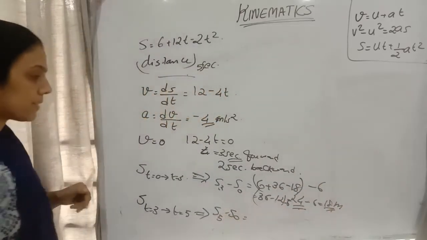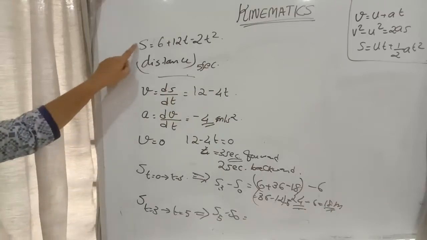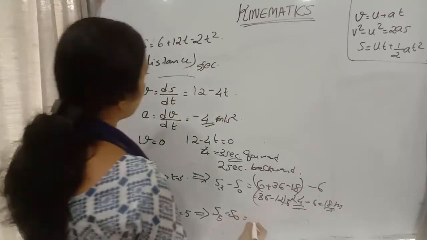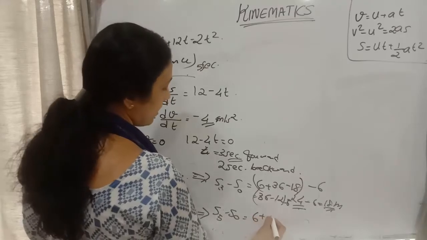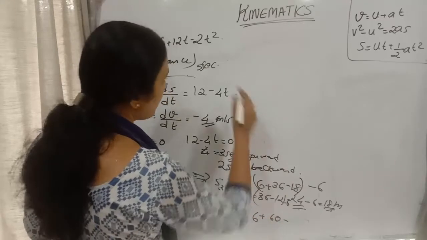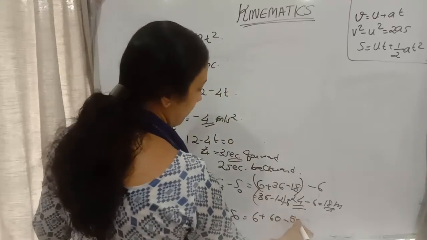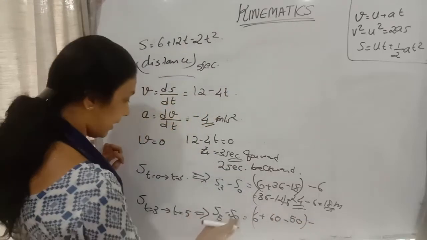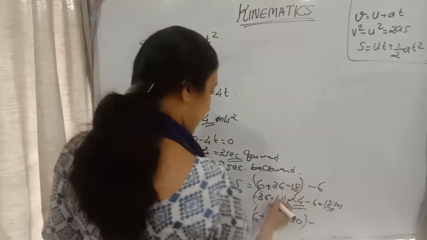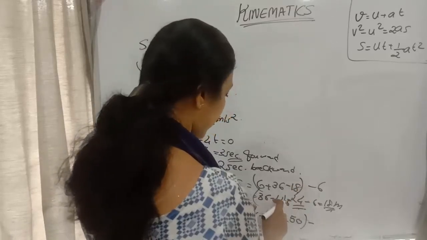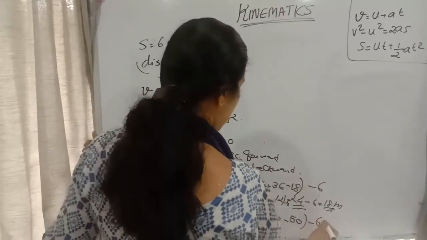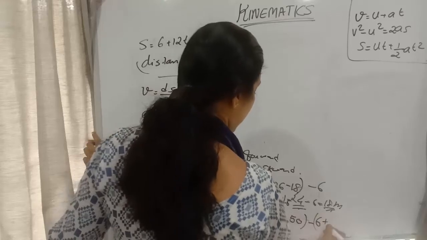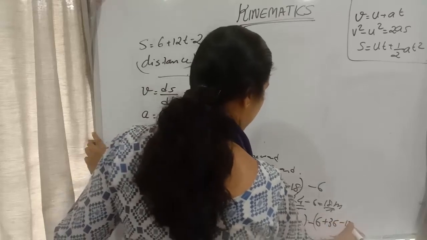Now, S5 - S0. What is the distance covered in 5 seconds? That is 6 + 60 - 50, minus S3. What is S3 we got? S3 we got as 6 + 36 - 18.